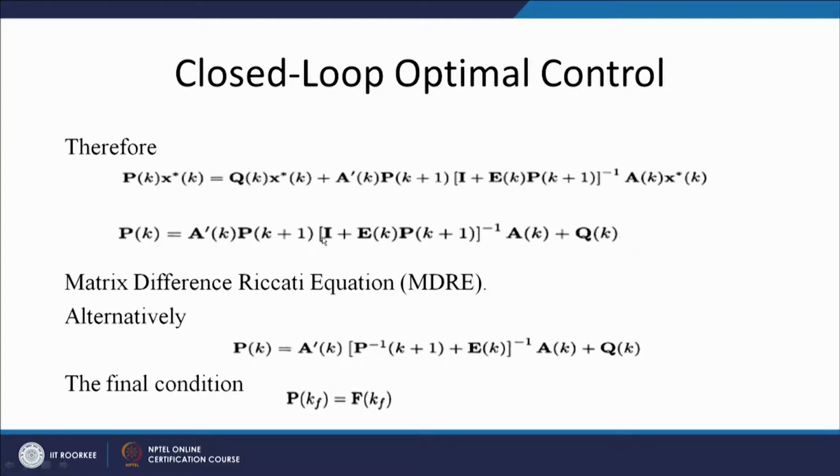If we take P inside this bracket, we can alternatively write P k as A prime k times P inverse k plus 1 plus B k R inverse B prime k, whole inverse, times A k plus Q k, and this difference equation we have to solve backward with the boundary condition P k f equal to F of k f.